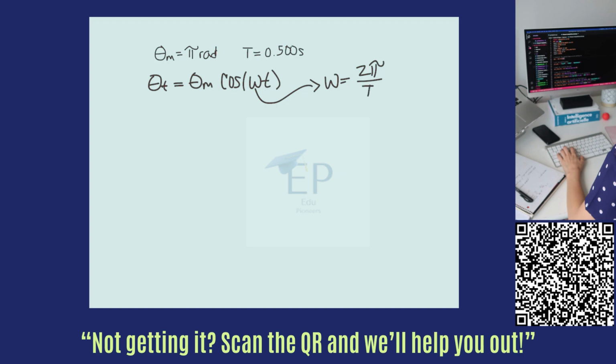So we can substitute that in, giving us angular amplitude times cosine of 2 pi time over period.